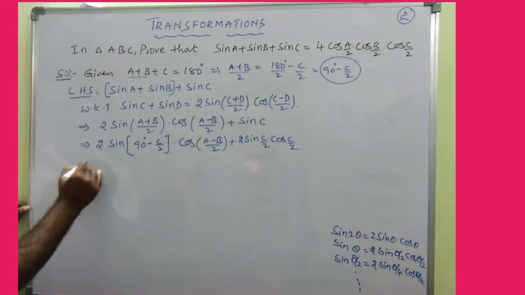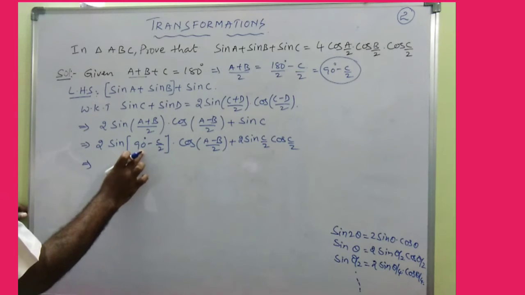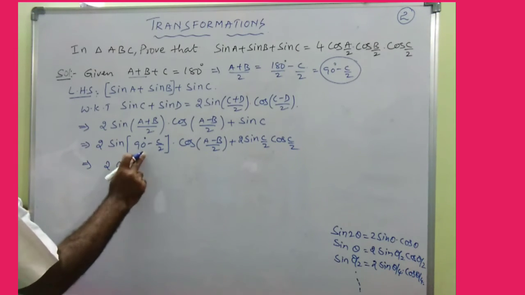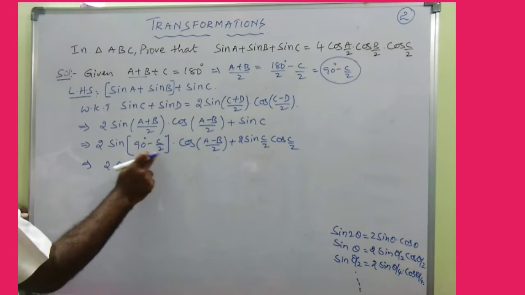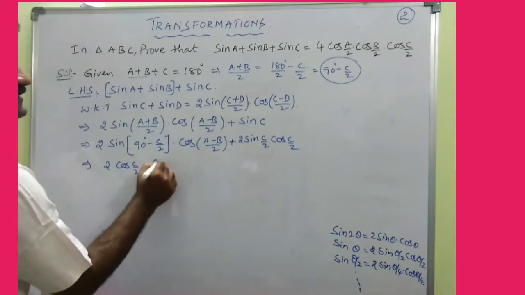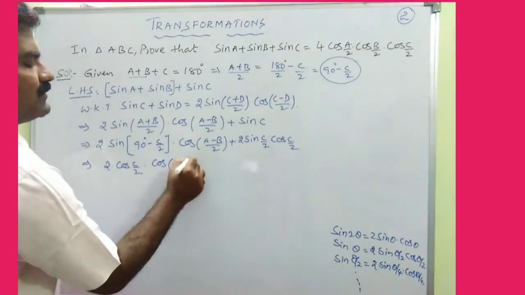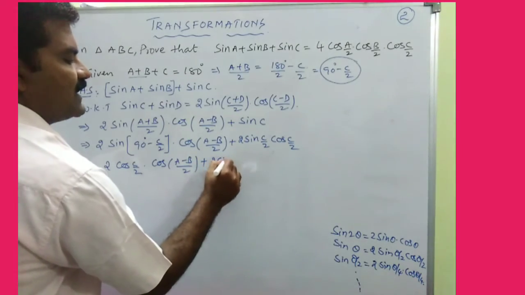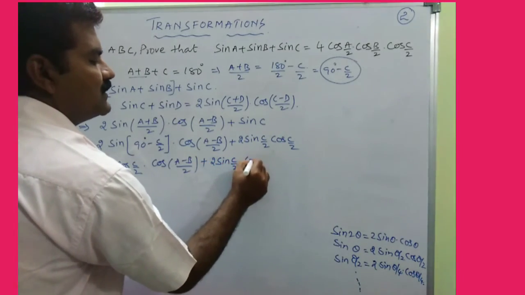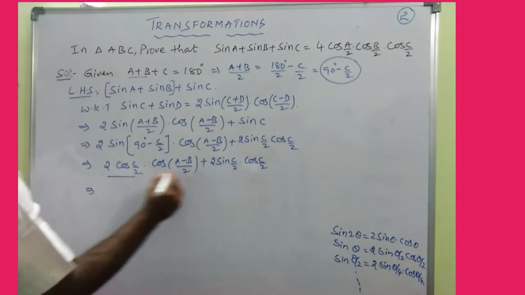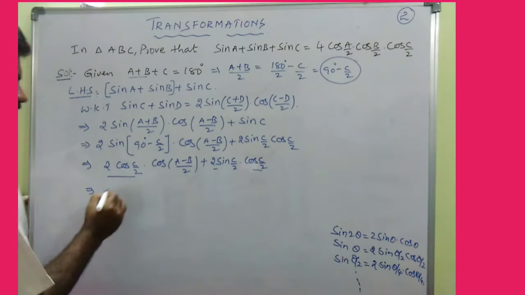So coming to here, because of 90, sine changes into cos C by 2. Moreover, this is like 90 minus theta, clearly first quadrant, all are positive. And you see this is cos of (A minus B)/2 plus, these things as it is, 2 sin C by 2 into cos C by 2. Now we have 2 cos C by 2 common.